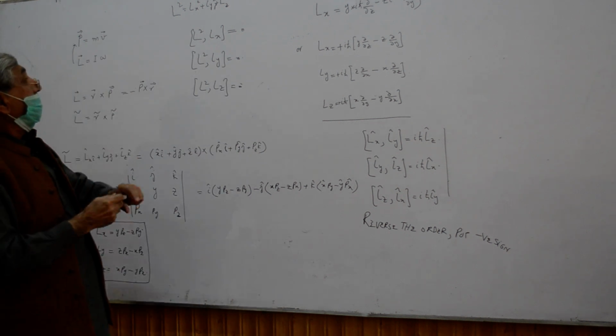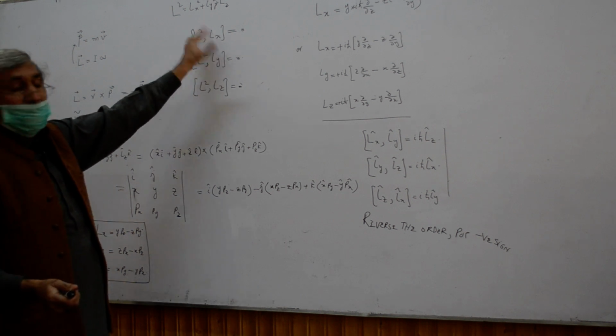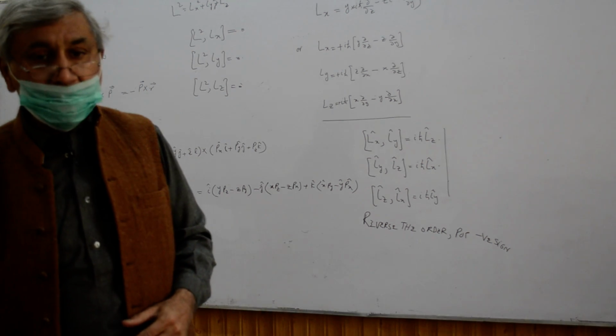It means that for delta L square and delta Lx, there is no uncertainty product.